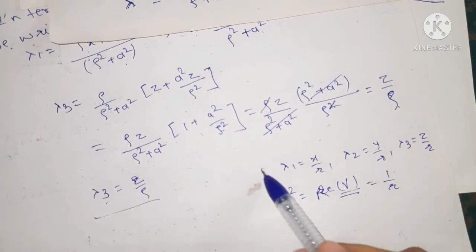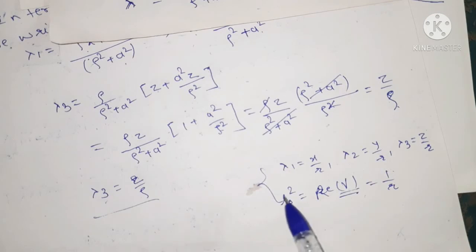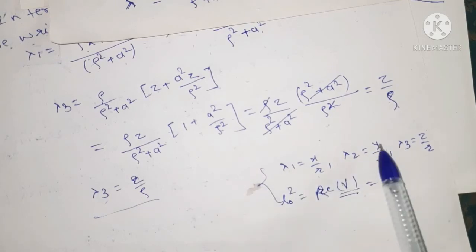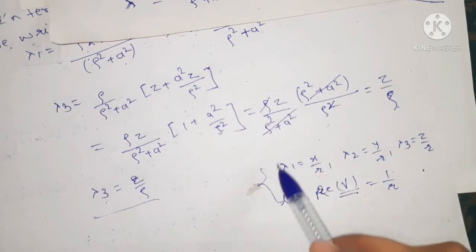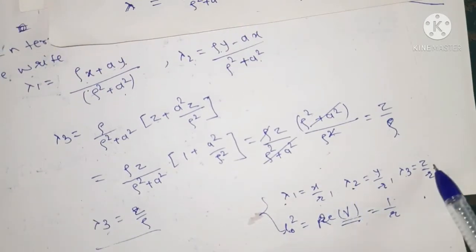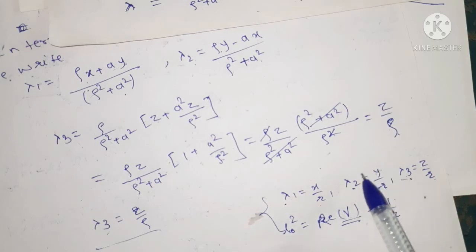Okay, so by comparing these equations we can put these values in the Eddington form of the Schwarzschild solution, and then the Schwarzschild solution will give the line element of our Kerr metric. So let us substitute the values by comparing lambda 1, lambda 2, lambda 3 with x upon r, y upon r and z upon r. So we get here the value of x upon r, the first component of lambda, y upon r, the second component of lambda, and z upon r, the third component of lambda. Okay, so we write our Eddington form.